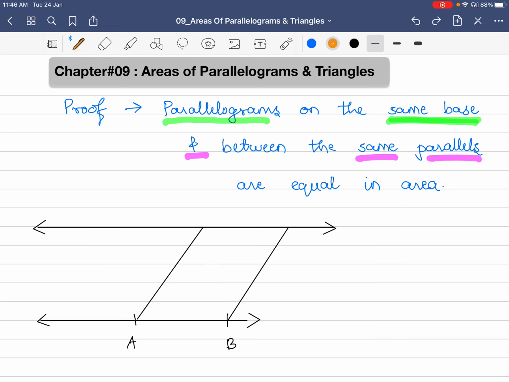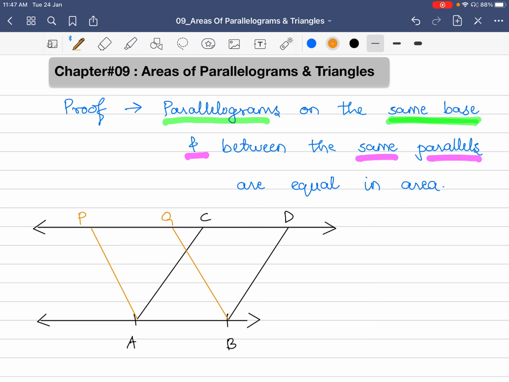Oh, I forgot to use the straight lines. Okay, this is my another parallelogram on the same base and between the same parallel lines. Now let's give different names to them. The first one is ABCD, and let's say the second one is ABPQ.